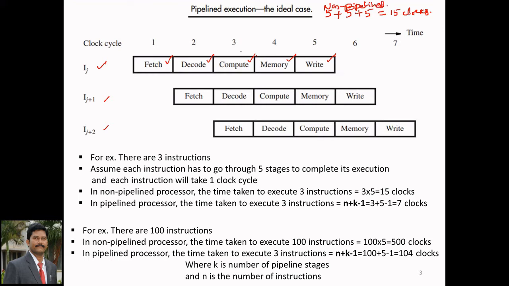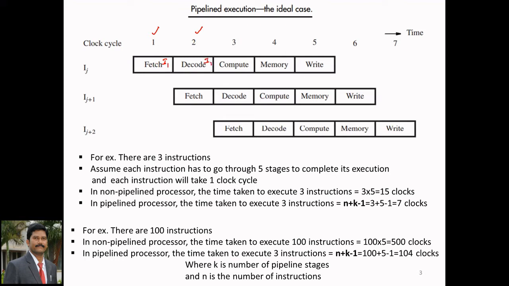Now assume there is a pipelining concept, where each unit operates individually. To execute these 3 instructions, how many clock cycles will it take? Let us see. At the fetch unit, instruction I1 enters at the first clock cycle, and at the second clock cycle, the fetched instruction is given to the decode stage.